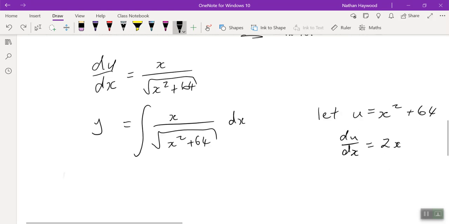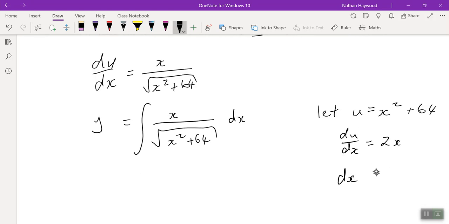There's just no 2. So rearrange that to get dx by itself, and this is now going to hopefully cancel out the x's, so we're just left with whatever's underneath.